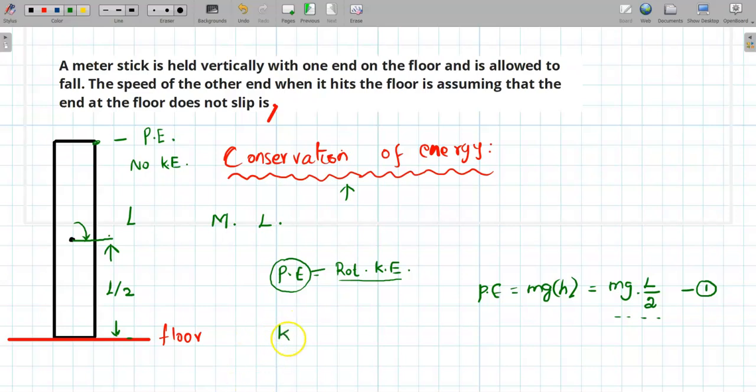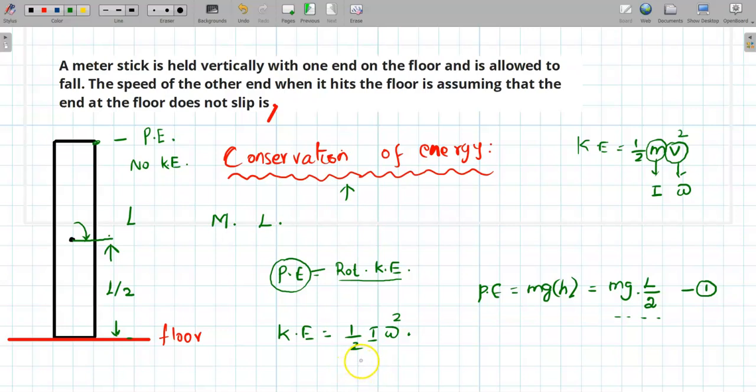So we write the formula for the rotational kinetic energy: half I omega square, the same as the linear kinetic energy, half m v square. In the rotational case, the mass changes to moment of inertia, and the velocity is converted to angular velocity omega.